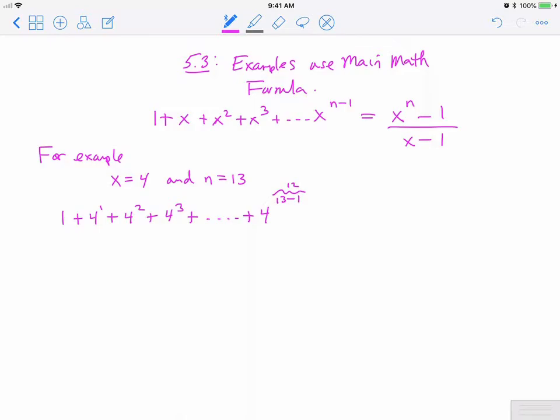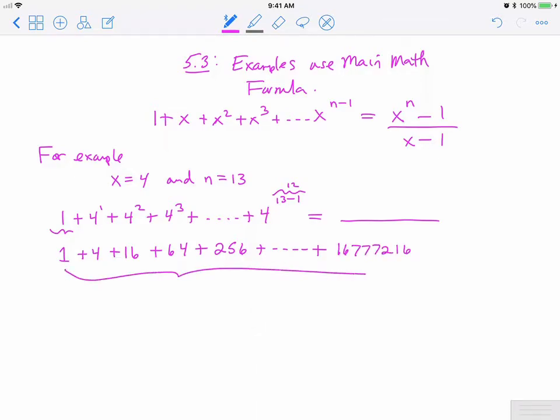So we're trying to add the numbers 1 plus 4 to the first plus 4 squared and figure out what that's equal to. Now there's a long way to do that, and the long way is to take 1. 4 to the first is 4. 4 squared is 16. 4 cubed is 64. 4 to the fourth is 256, and you keep adding until you get to 4 to the 12th, which is a pretty large number, 16777216.